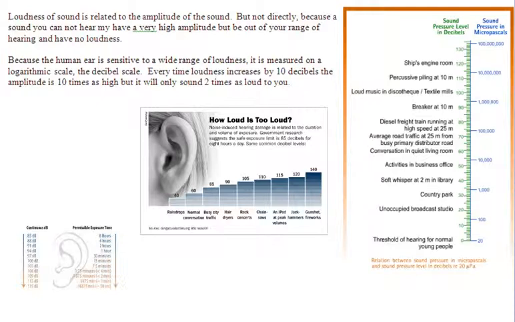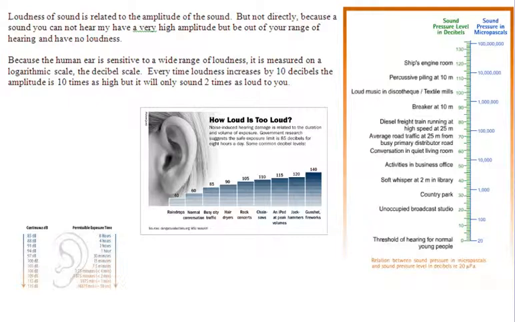The other thing about sound that we know of is its loudness. We can have two sounds that might be the same pitch and everything else, but they have different loudnesses. Loudness is related to the amplitude of a sound, but it's not actually the amplitude.